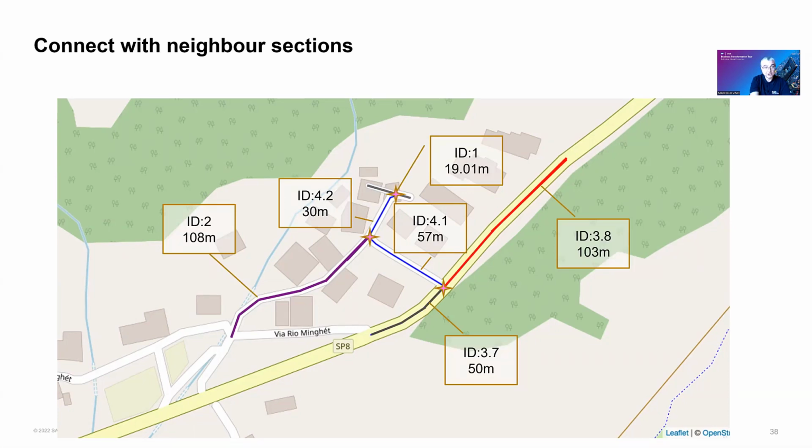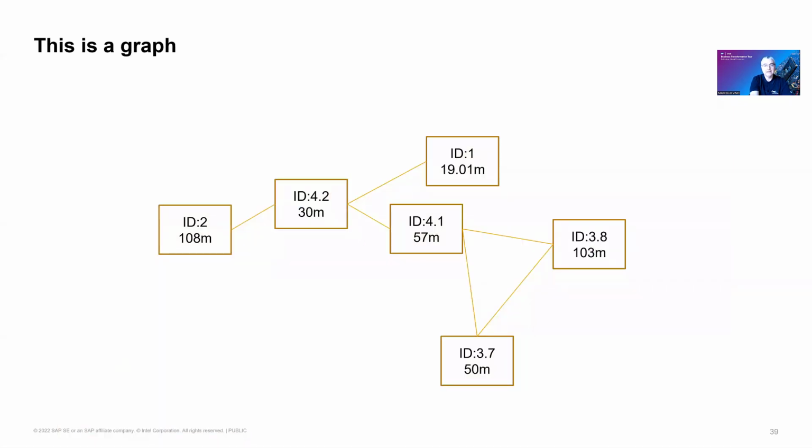All the relationships with the neighbors, so millions and millions, hundreds of millions of neighbor sections, have been collected all in one go, because the underlying graph and geospatial HANA database is able to build a graph with the information stored from this identification of neighbor sections.